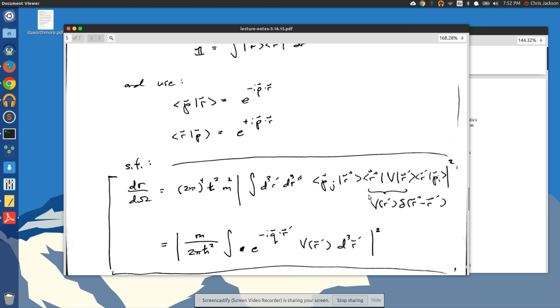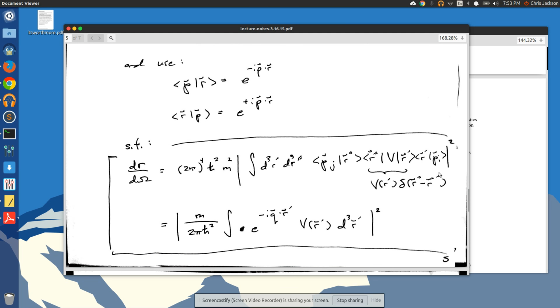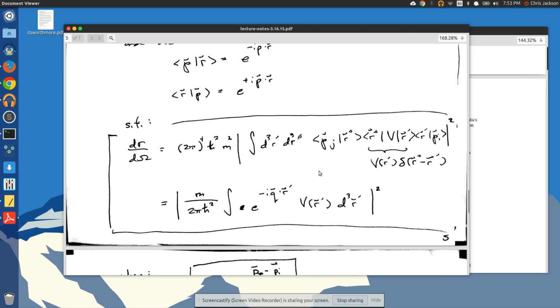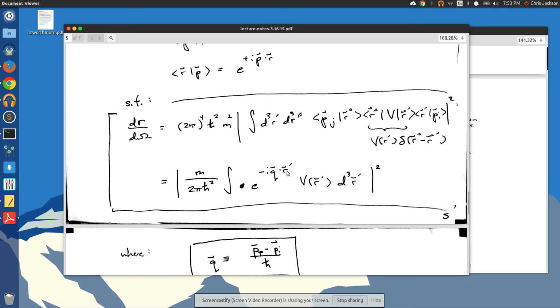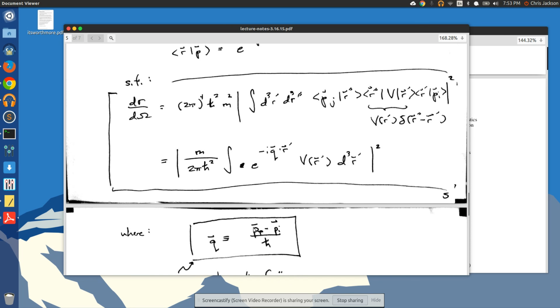So this is just going to give me V of r prime times the delta function that comes from the overlap of r prime and r double prime. And then we'll have 2 factors of this plane wave, right? And if we group everything together, we can define this new vector called q, and q is nothing but what we call the momentum transfer, right? It's the difference between the final momentum and the initial momentum.